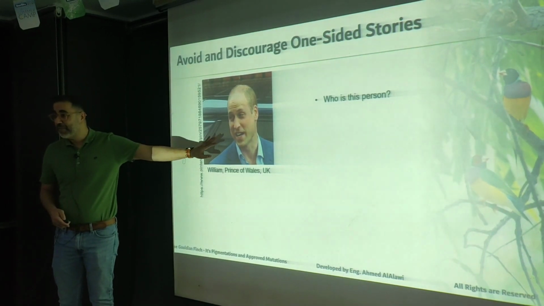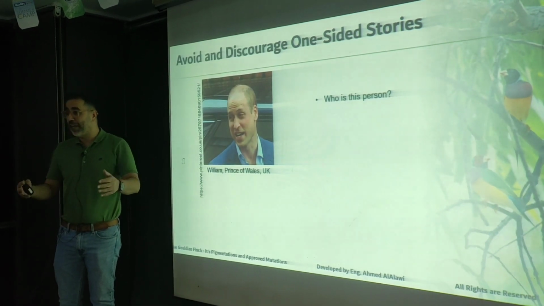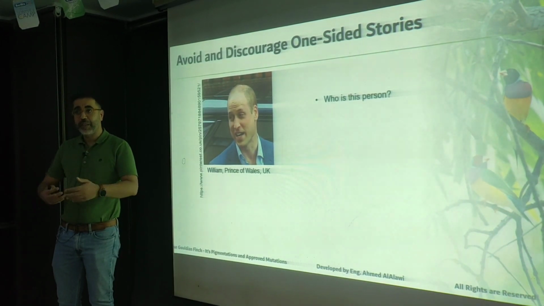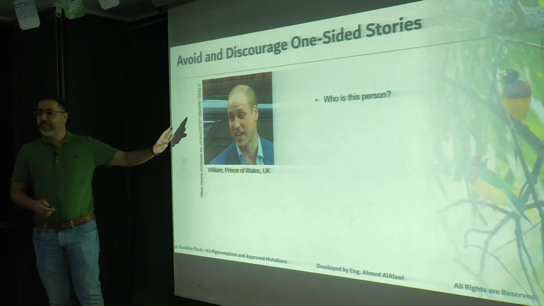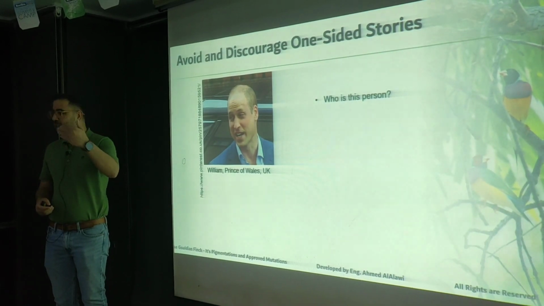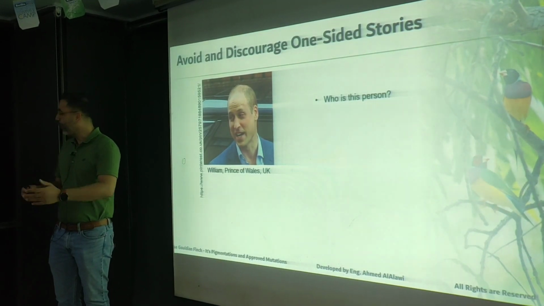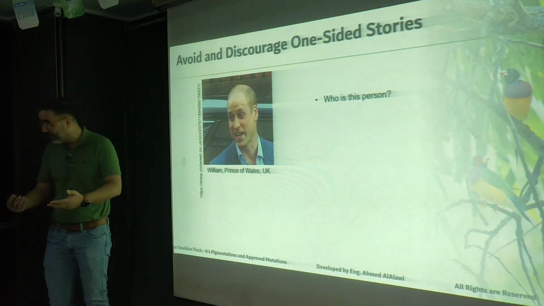Prince William. He's his son. He's Royal of UK. Big celebrity. Coming from the Royal family, you would expect that this kind of person would be very diplomatic, very wise in selecting his words correctly. They get trained on that, right?